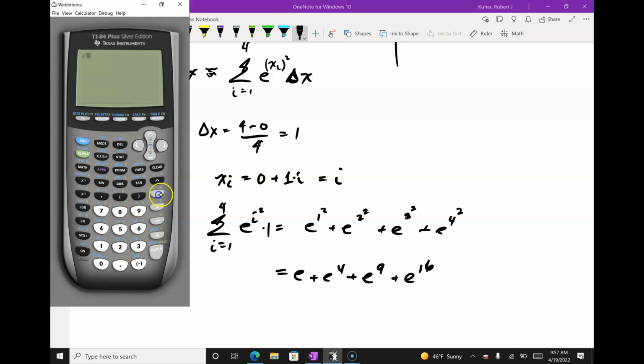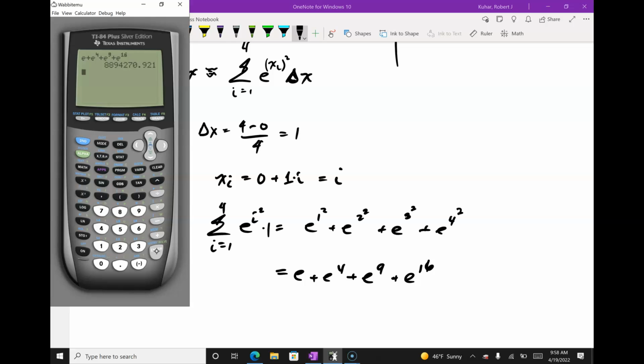So e plus e to the 4 plus e to the 9 plus e to the 16. It's a way overestimate, right? And you can tell from the fourth rectangle, right?